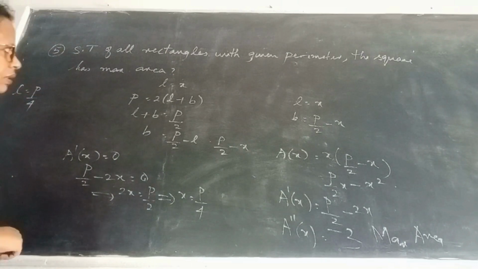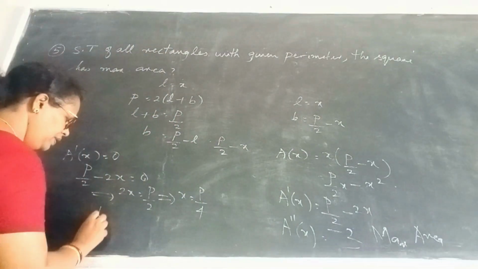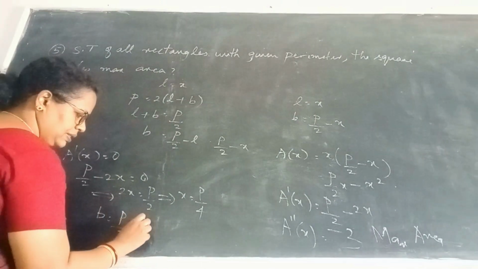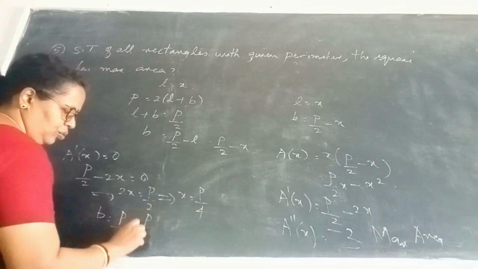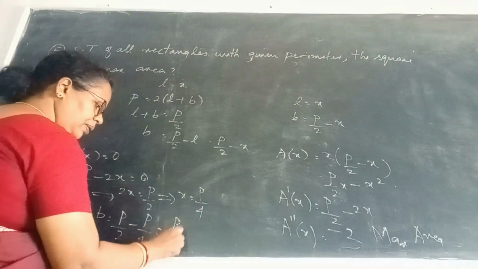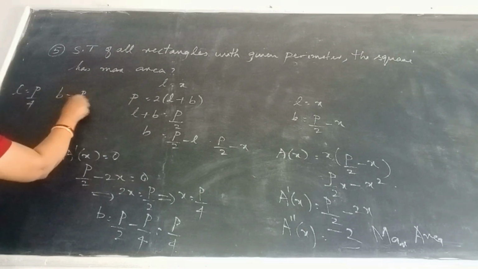Let us find breadth. Breadth is P by 2 minus X. X is P by 4, so P by 2 minus P by 4 is equal to P by 4. So breadth is also P by 4.